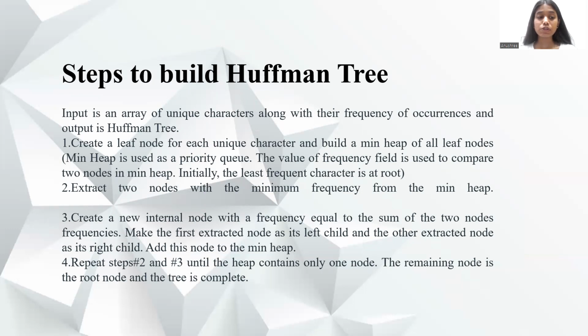The third step is to create a new internal node with the frequency equal to the sum of the two nodes' frequencies, making the first extracted node its left child and the other extracted node its right child. Add this node to the min heap. Repeat steps 2 and 3 until the heap contains only one node. The remaining node is the root node and the tree is complete.